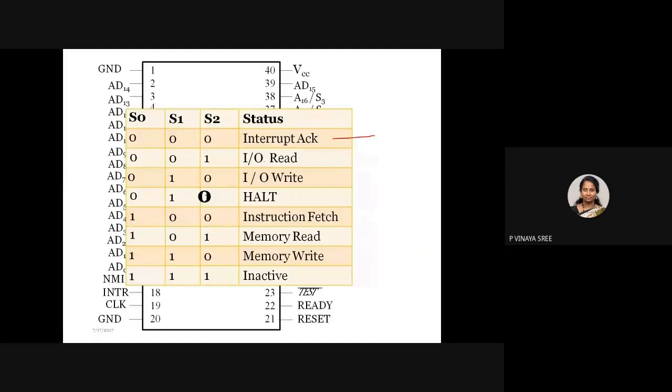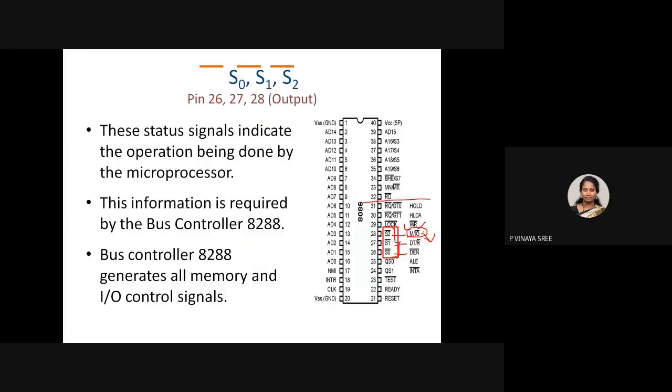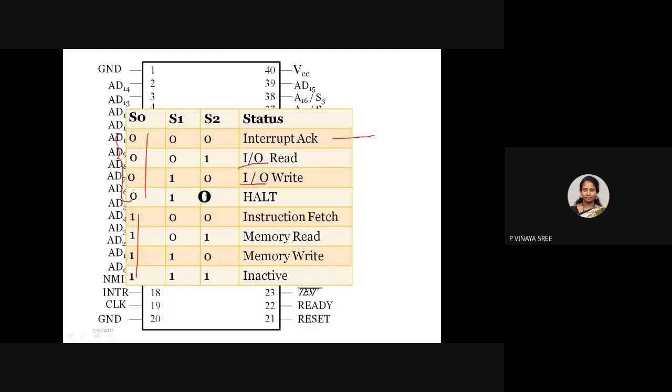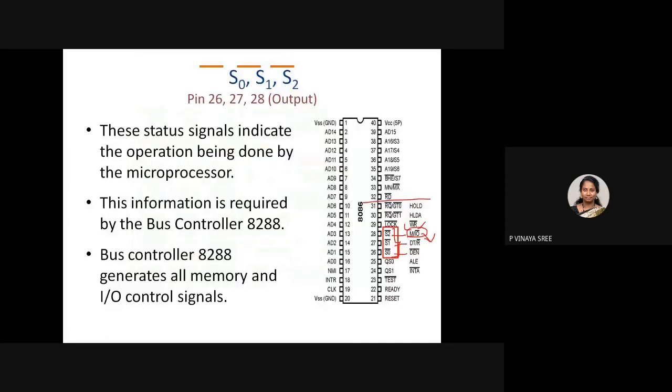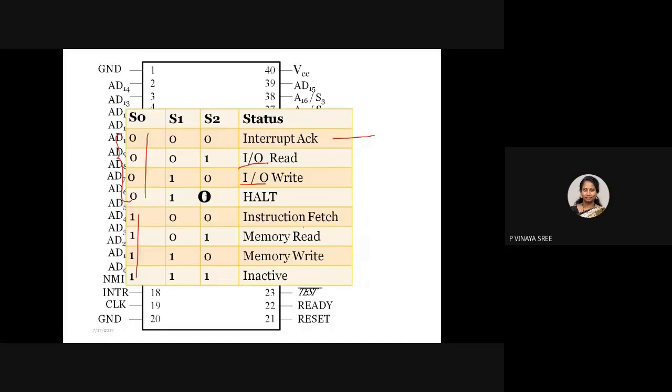See here, we have all zeros and all ones. If it is 0, it is IO, because IO bar is low, which is 0. Memory means it is 1, so if this is 1 it is a memory operation, memory read or memory write. It is somewhat internally related to minimum and maximum mode, but don't go in depth.